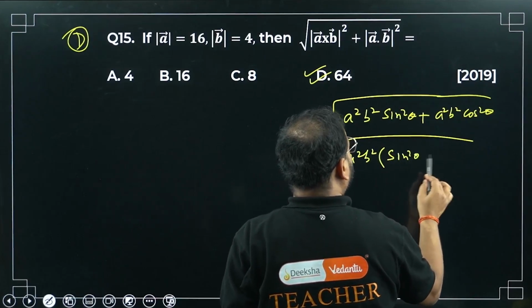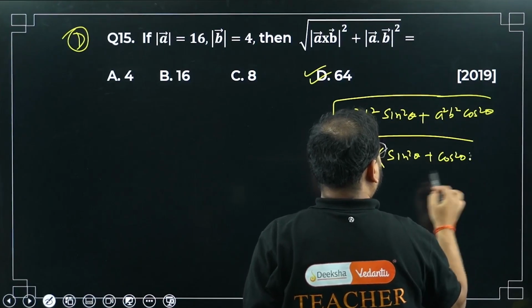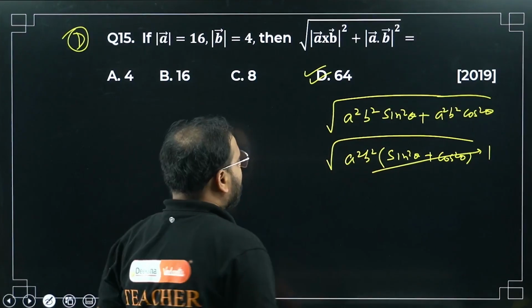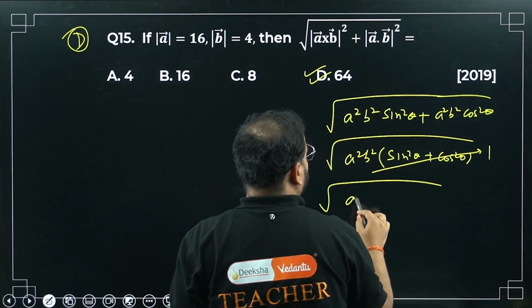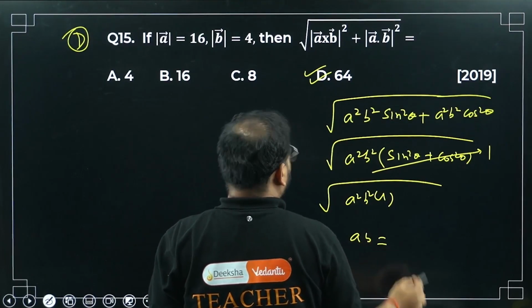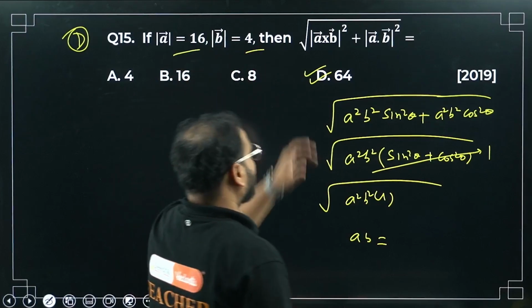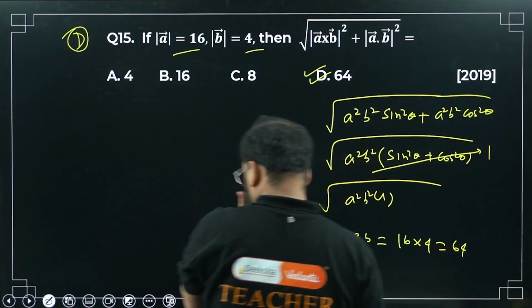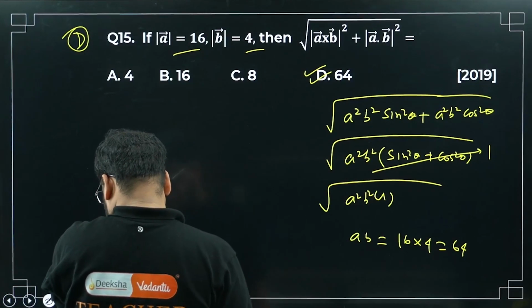Sin square theta plus cos square theta. We know this is going to be 1, right? Sin square plus cos square is 1, identity of trigonometry. What do I get? A square B square times 1. What is the root value? So simply AB. A is given as 16, B is 4. Answer is 16 times 4. How much is that? 64 is the correct answer.